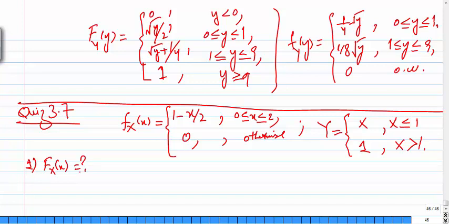As you know, the CDF of X is calculated by taking the integration from minus infinity to x of f_X(y) dy.